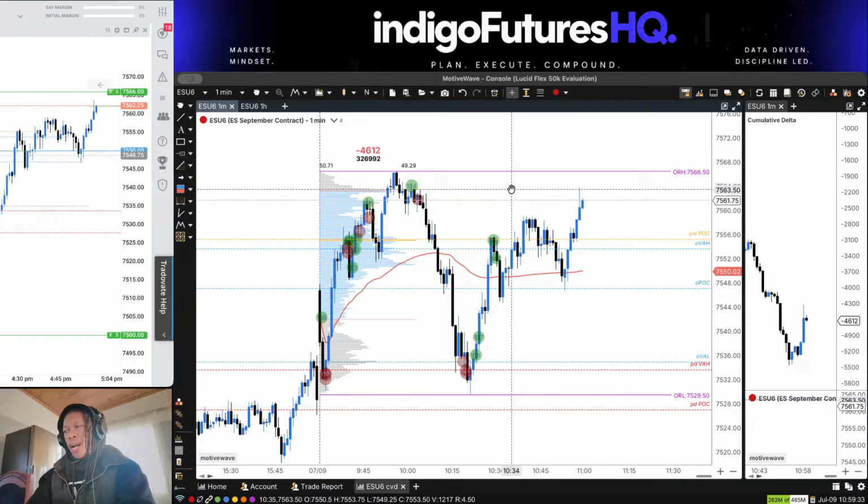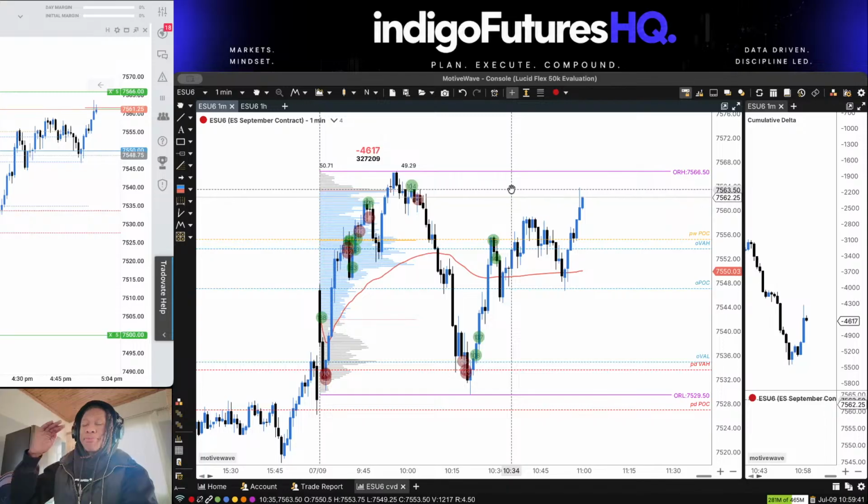Our stop is at 566, so it's literally 2 ticks below initial balance.